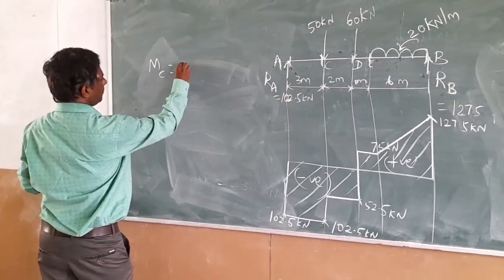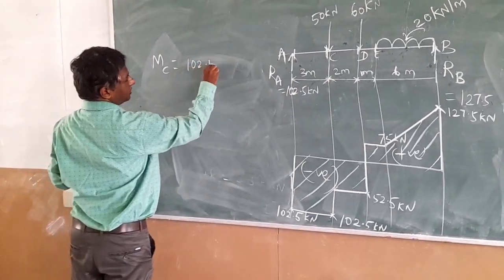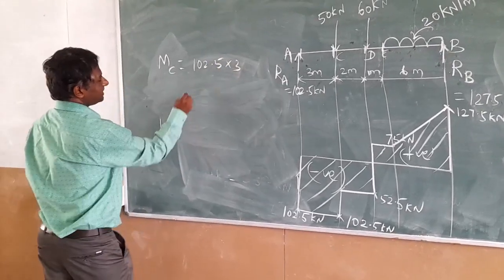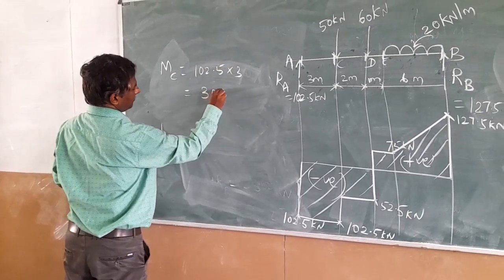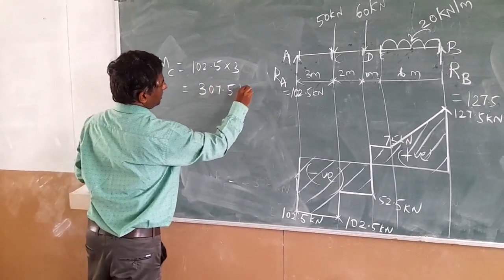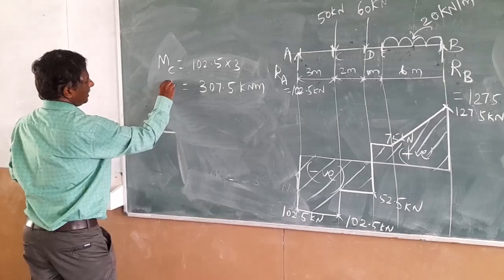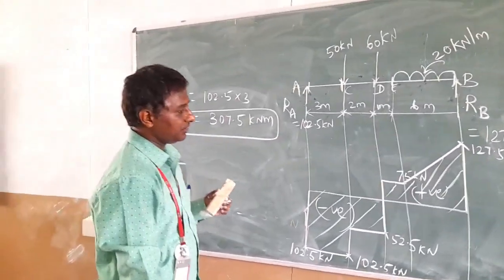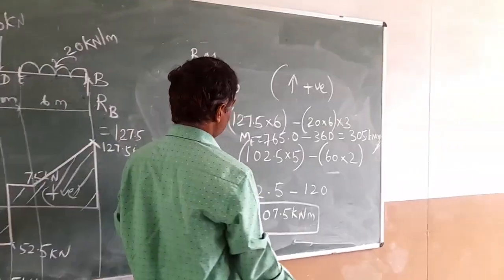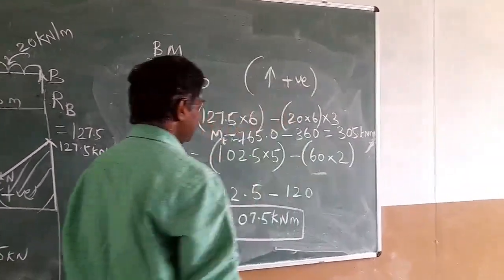There is nothing but the positive bending moment, 102.5 into 3. That's all. That is equal to 307.5 kilonewton meter. This is M at the point C. So these are the values we are going to consider. Now we are going to draw the bending moment diagram by using these values.